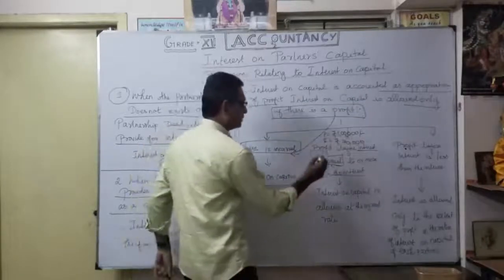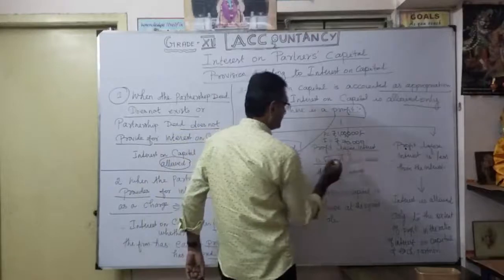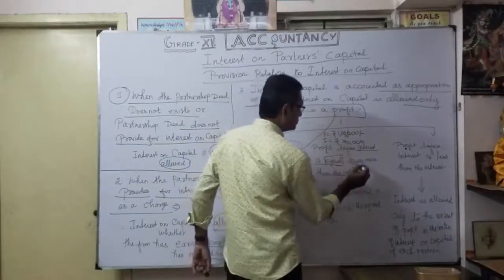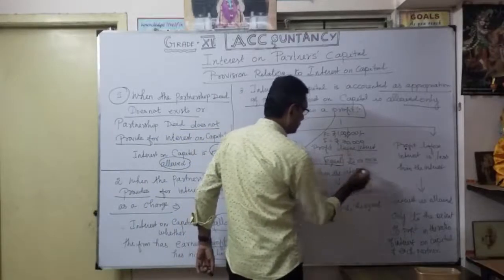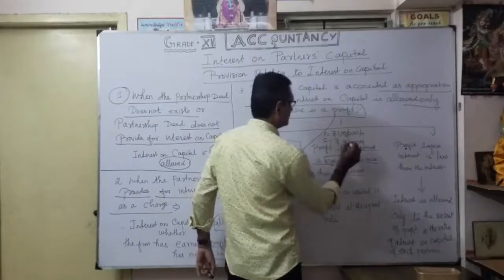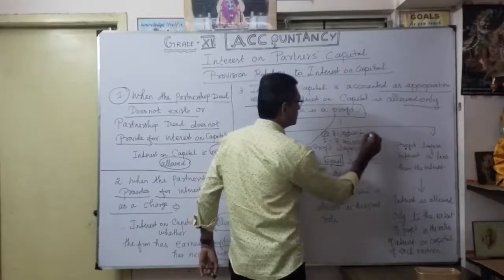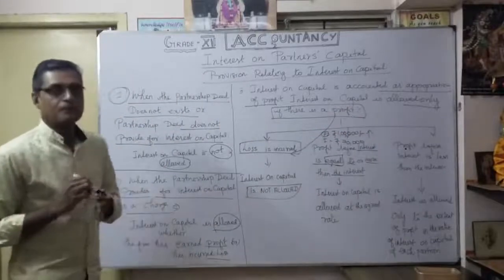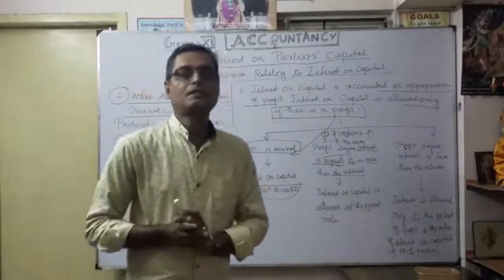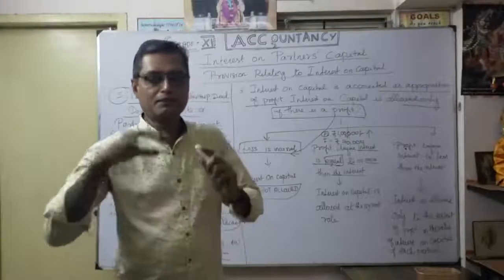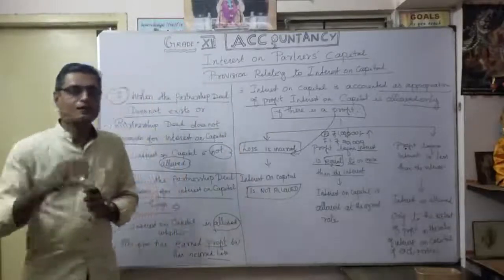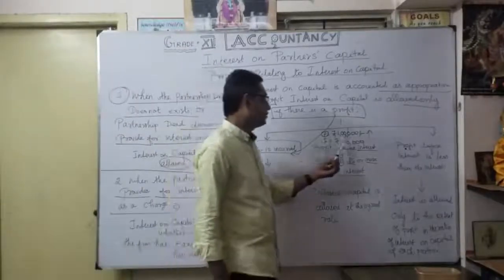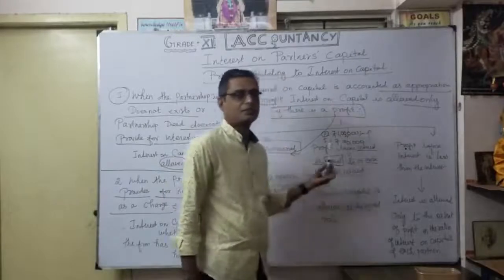This word is very important: profit before interest is equal to or more than the interest. So here this is more than the interest. That means there is the possibility of charging interest on capital. You want to check whether, with the available profit, you are able to charge interest. That's the discussion here.